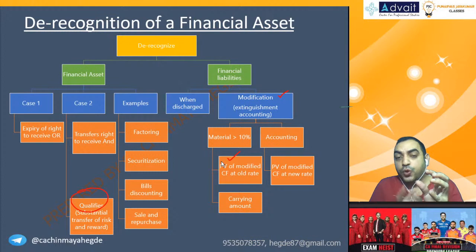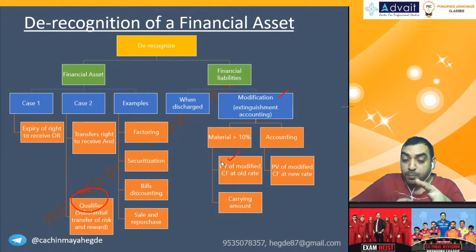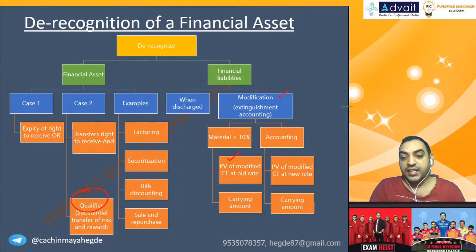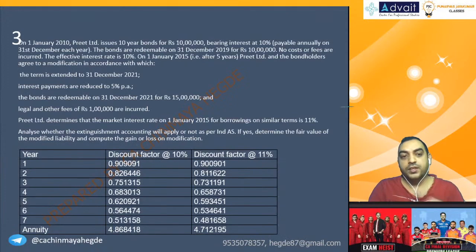So old cash flow and old discounting rate is the carrying amount. New cash flow and new discounting rate is the new carrying amount. New cash flow but old discounting rate is only for calculating materiality. To understand this concept, let us do a problem.